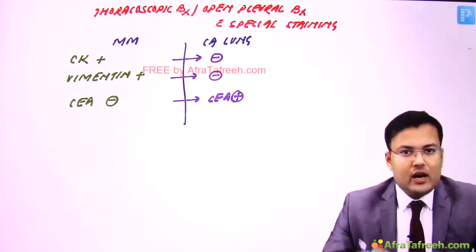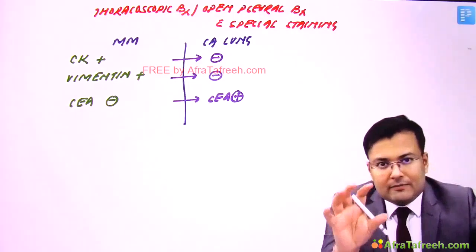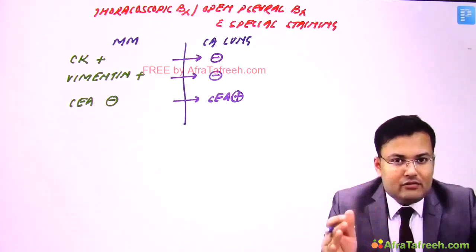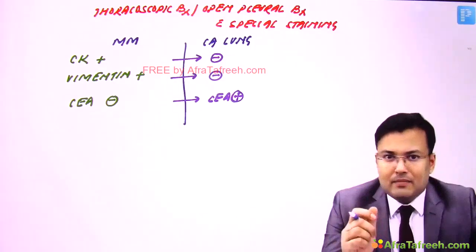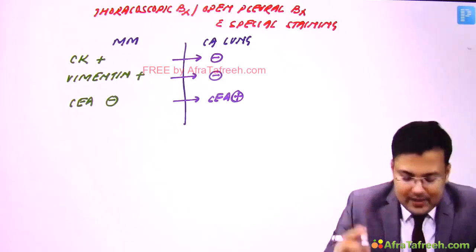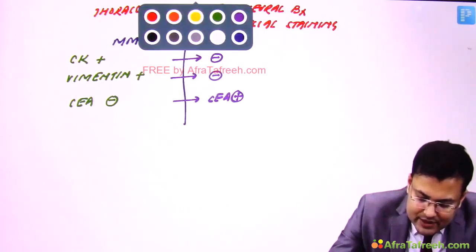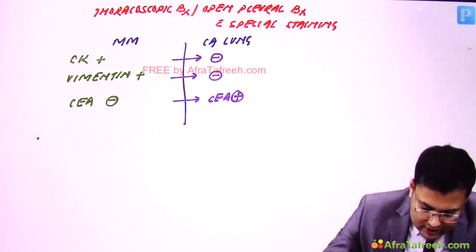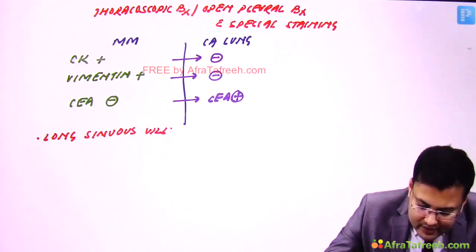Okay. Now, there was another question on the basis of pathological appearances. We have to differentiate carcinoma lung from malignant mesothelioma. So see, what is the appearance of villi? In cases of malignant mesothelioma, there is long sinuous villi. Clear?